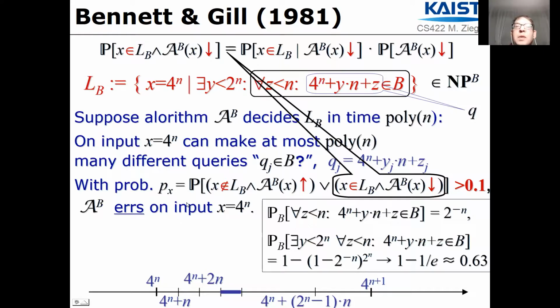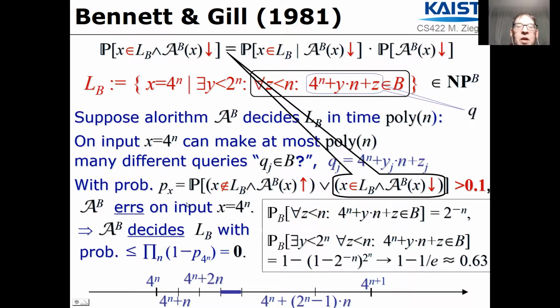And now we've performed this analysis for fixed input X. So what is the probability that the algorithm works correctly on all inputs X? Well, that's a complement probability to error, right? So 1 minus p with index 4 to the n, that's a probability that the algorithm operates correctly on input X equal 4 to the n.